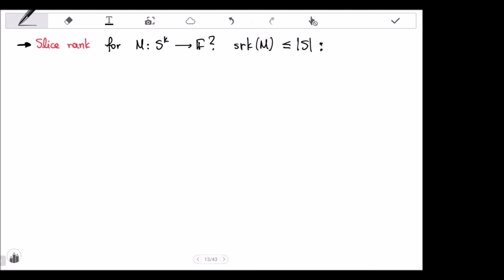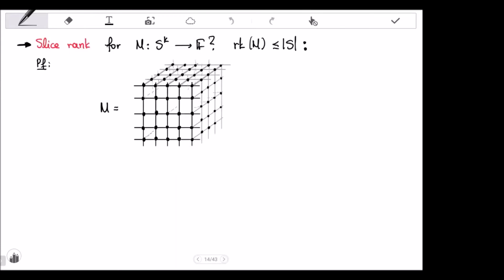But here is a visual proof. You have your k-dimensional matrix, and you want to write it as a sum of slices, and you want to use at most the size of S slices to do that.